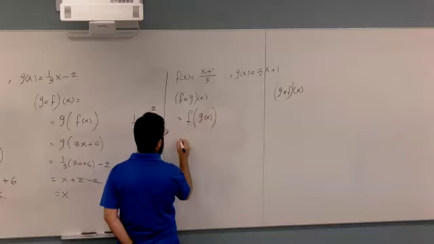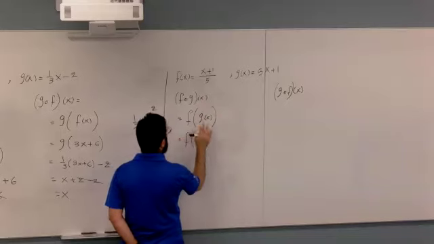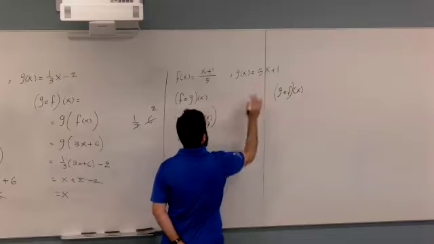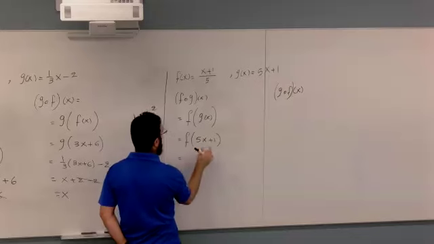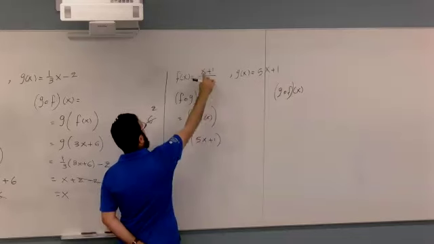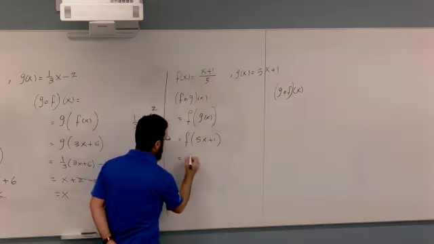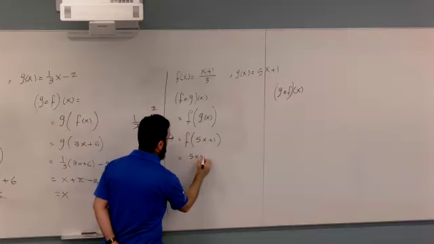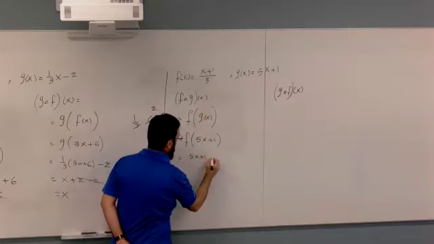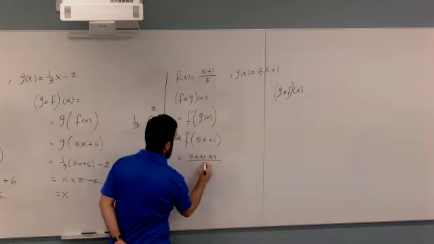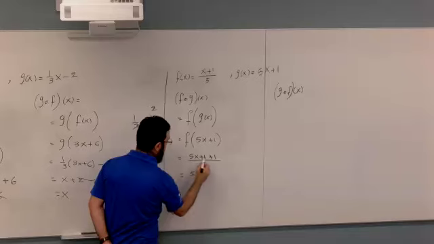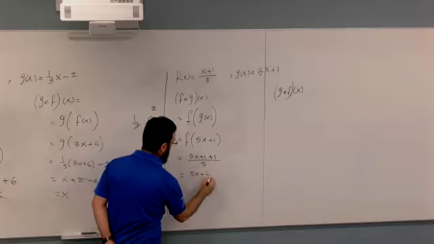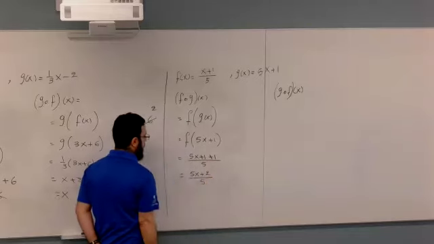G of x. Here f is out. G of x is 5x plus 1. Now I'm going to plug in 5x plus 1 where? So it's going to be 5x plus 1 over 5. Let's simplify. 5x, 1 plus 1, 2 over 5.